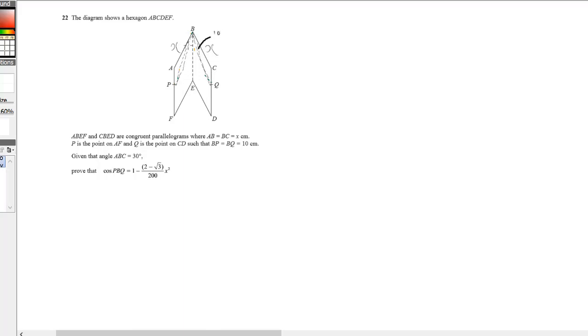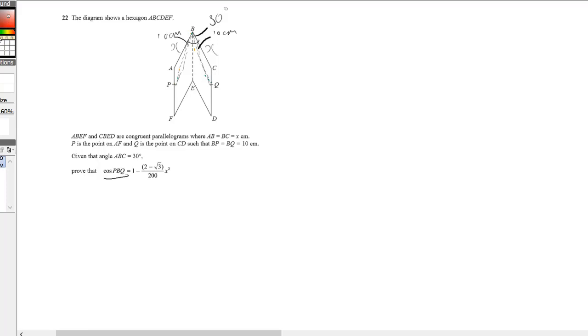Right, so equal to 10, equal to 10. Given that ABC is 30, prove this. So we've got cos PBQ.